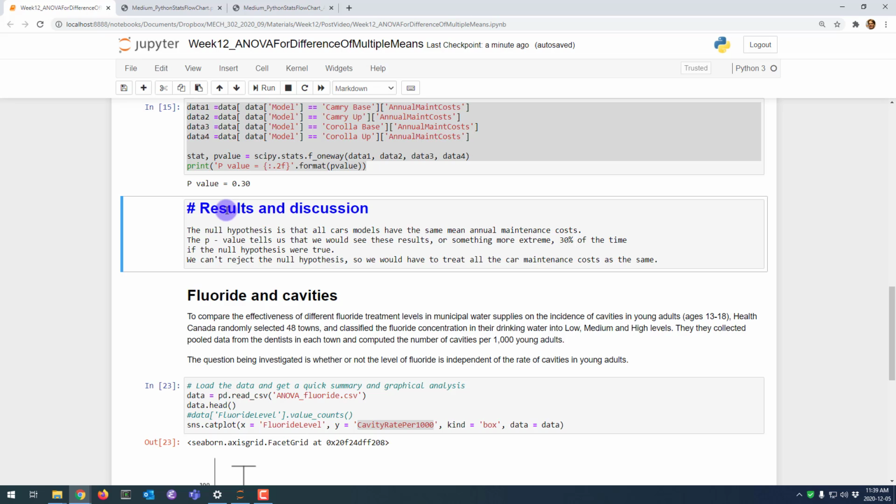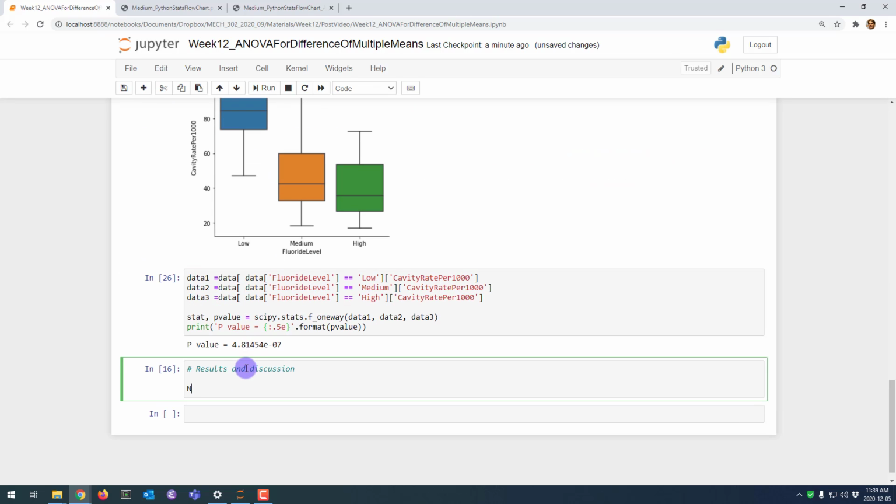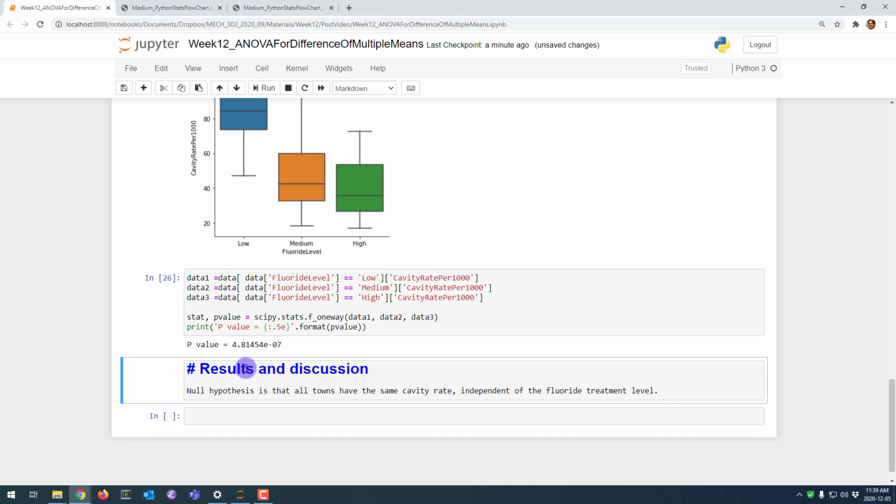I'll just grab that here. And so for this one, the results and discussion is the null hypothesis is that all towns have the same cavity rate independent of the fluoride treatment level. And is that true here?